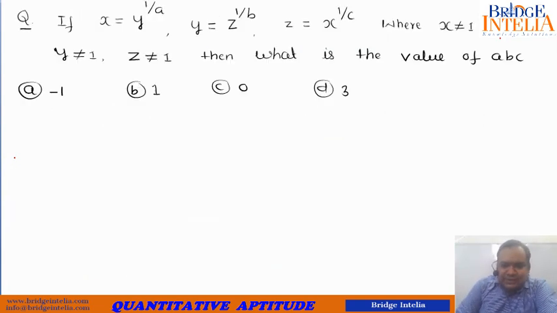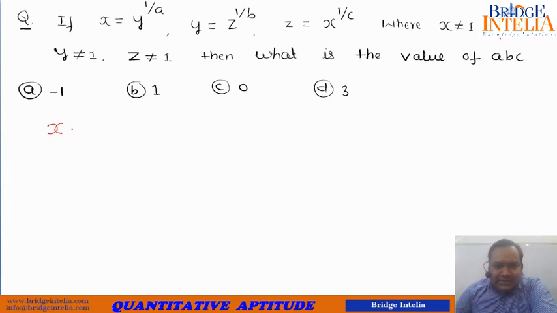Now let's move to the next one. So you can see here x is equal to y raised to power 1 by a, y is equal to z raised to power 1 by b, and z is equal to x raised to power 1 upon c. So what next?